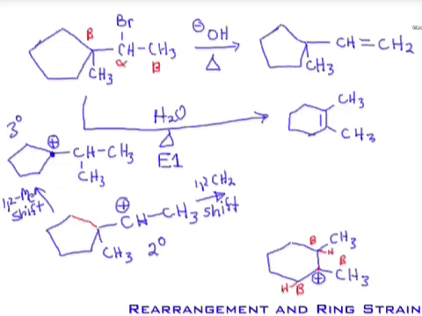If I pulled this H off, next door, off the beta carbon, and the 2 electrons from the CH bond formed a pi bond, well, let's make that a little bigger ring, then I would get the double bond forming here.